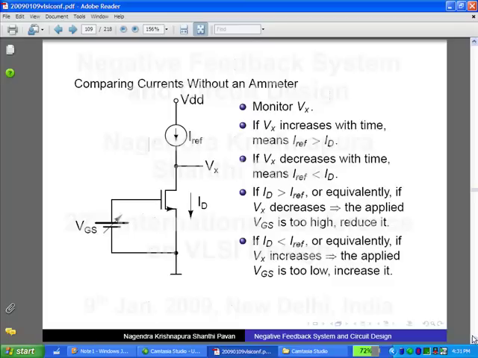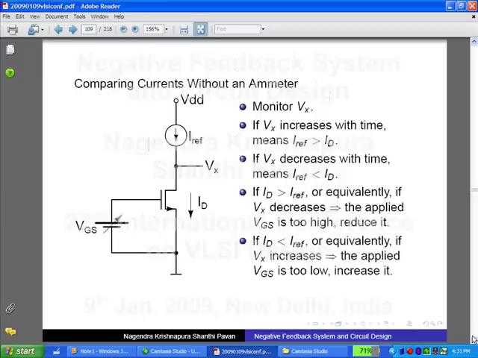If this current is exactly equal to Iref, what do you think will happen to the potential of Vx? If you have two identical current sources, can we say anything about the middle node potential? Again, think carefully.